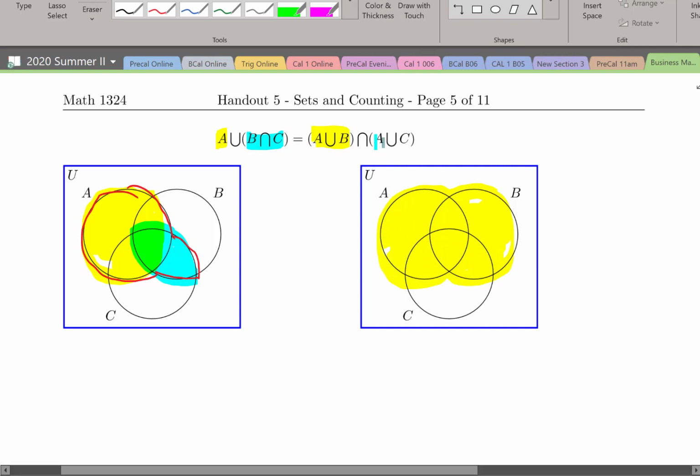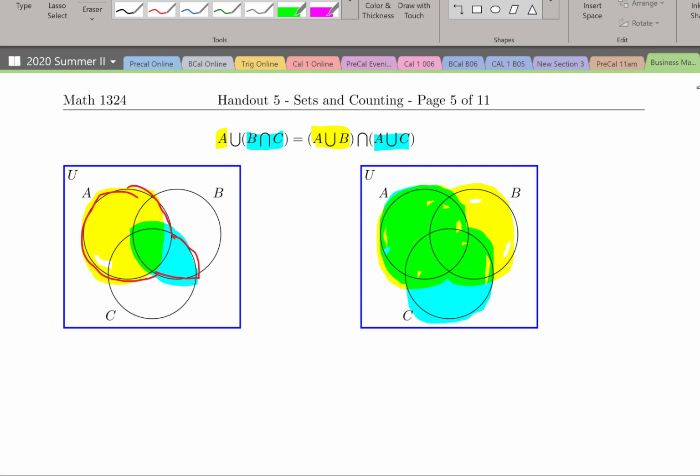And then we got A union C. And we're looking at the intersection of these, which is the green right here.